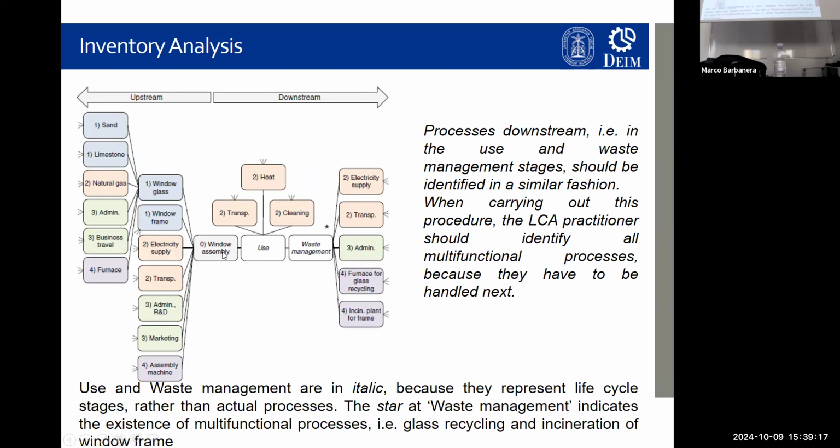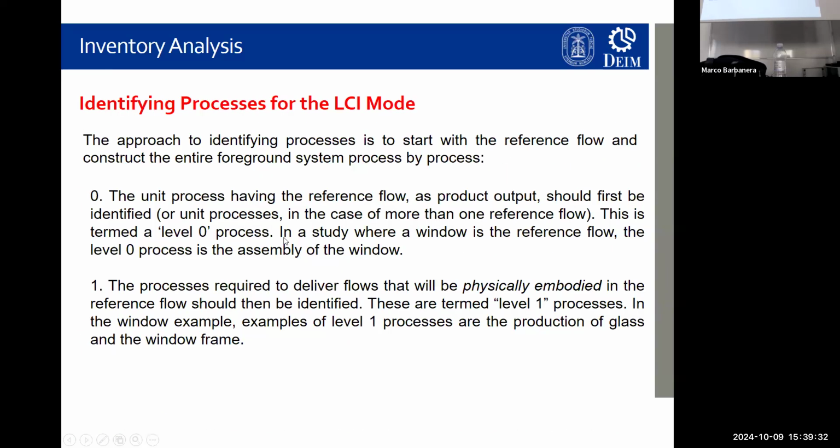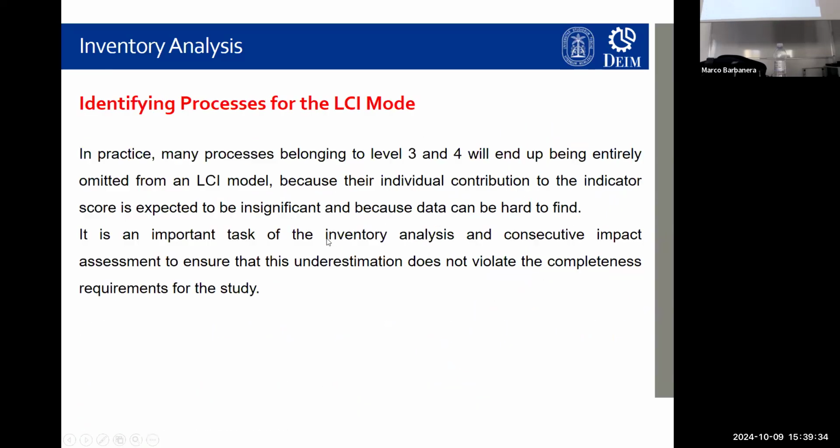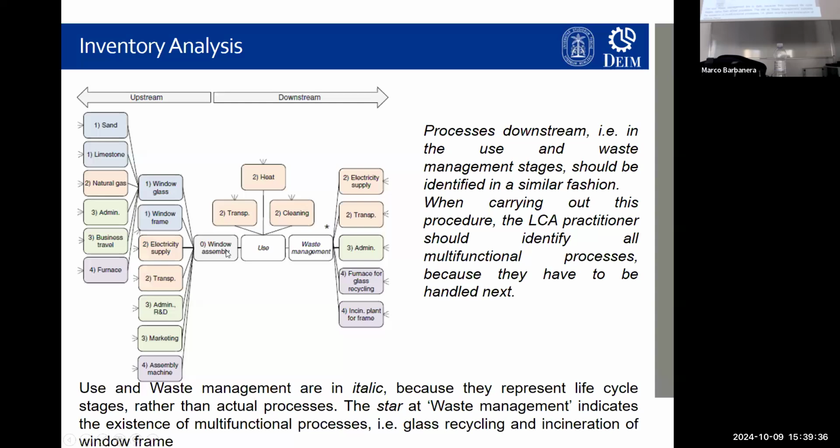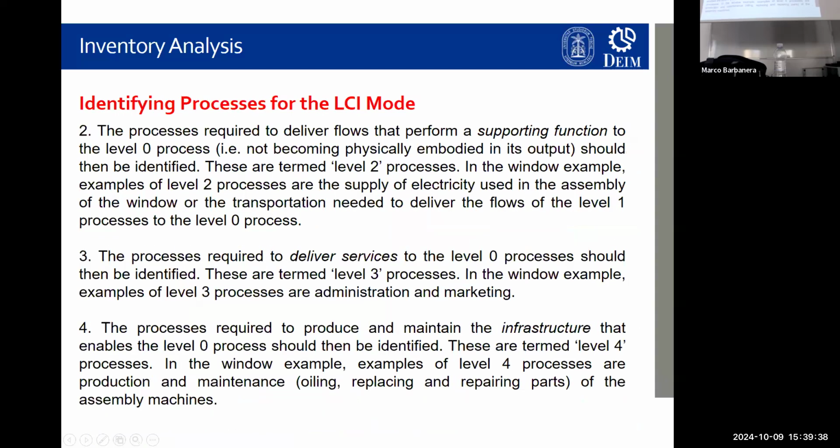From the window assembly process, the output will be the final window. This window is then sent later to the use phase. So the level 0 process in this case is the assembly process of the window.